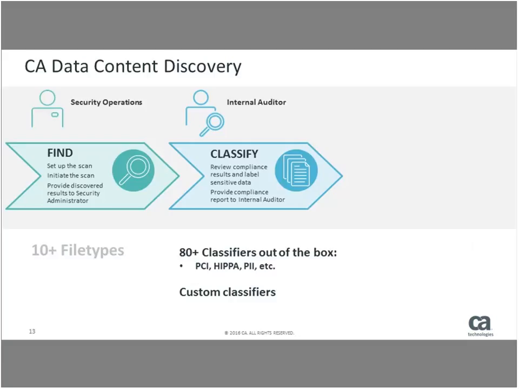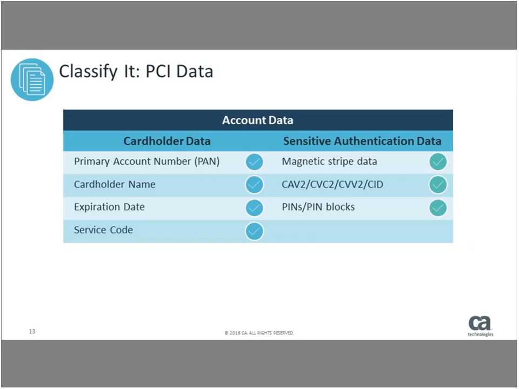We have them grouped in things that might be easy to recognize, such as PCI or HIPAA, PHI, and PII. We also have the ability, the very simple wizard, to actually create your own custom classifiers. So if you have some industry-specific data or even some company-specific data that you'd like to maintain and make sure it doesn't leak, you can create your own custom classifier.